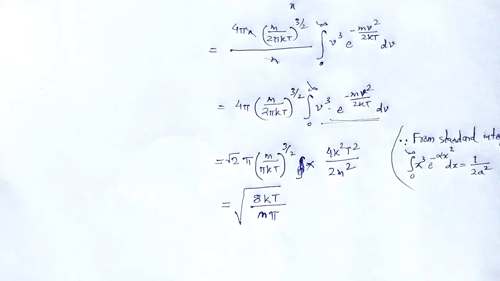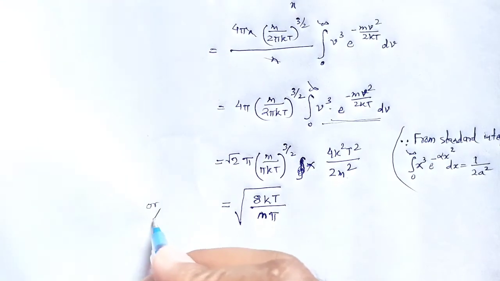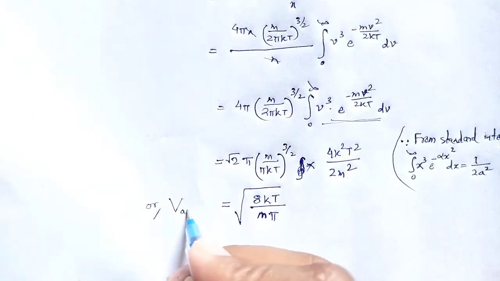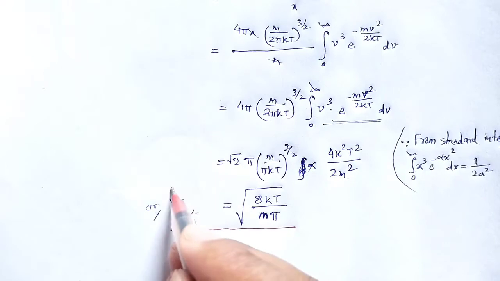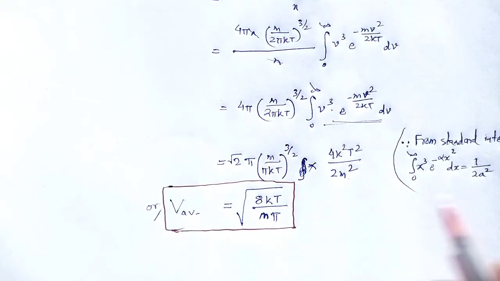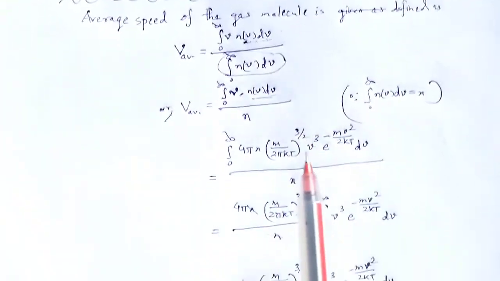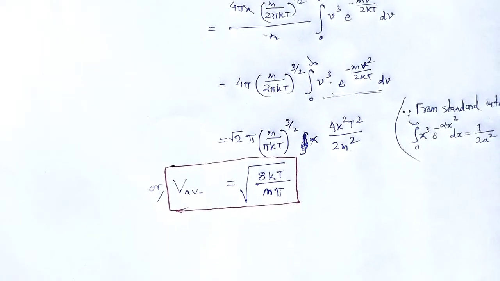This is the value of v average: v average is equal to under root of 8kT divided by m pi. We defined v average, integrated, and finally got its value.